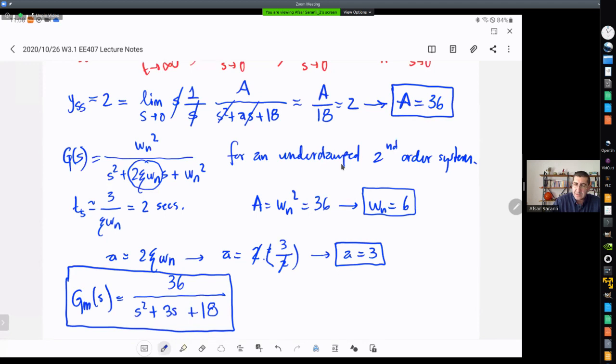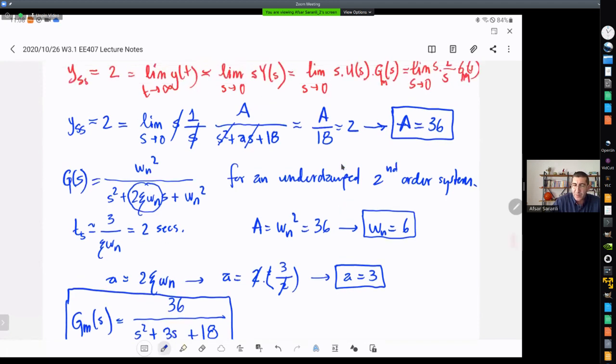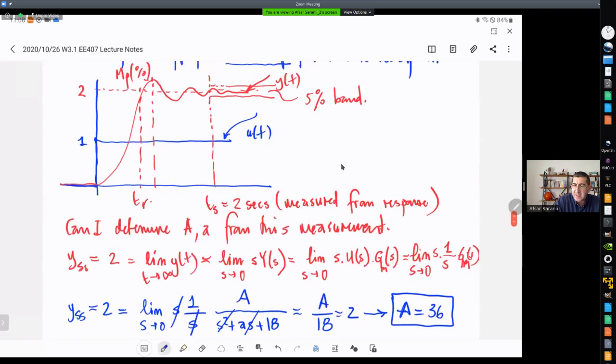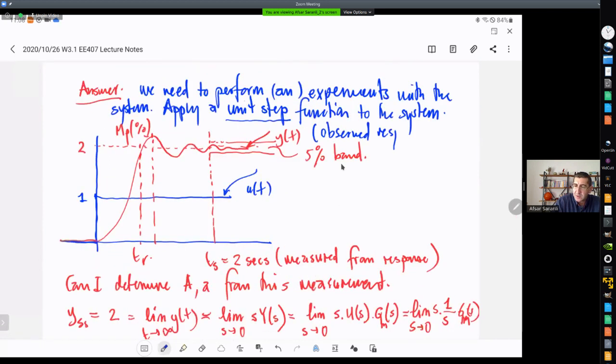Now, we performed an experiment, and y of t is the observed response. What kind of a response is this? Well, it's an underdamped response, right? An underdamped response is where you have some oscillations.